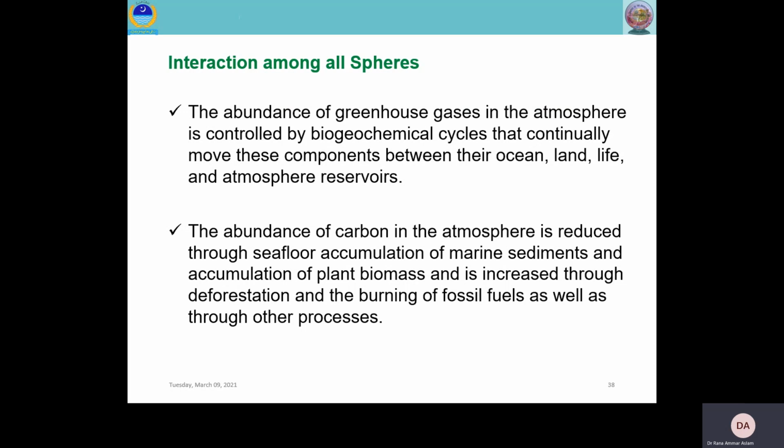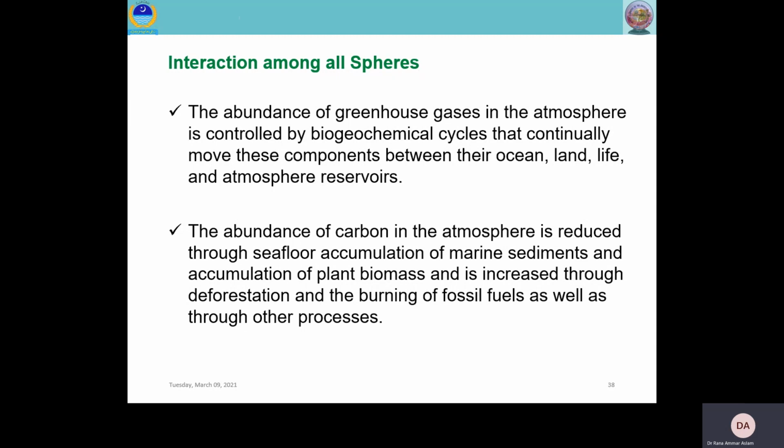And let's see what has been written here. The abundance of greenhouse gases in the atmosphere is controlled by biogeochemical cycles that continually move these components between ocean, land, life, and atmosphere. I mean, the exchange of gases, because gases are required in all spheres, whether it is lithosphere, hydrosphere, biosphere, or atmosphere.